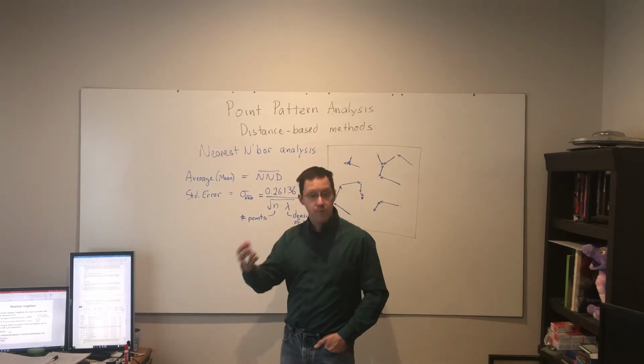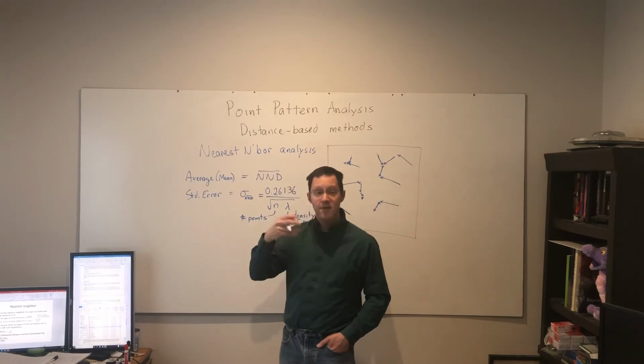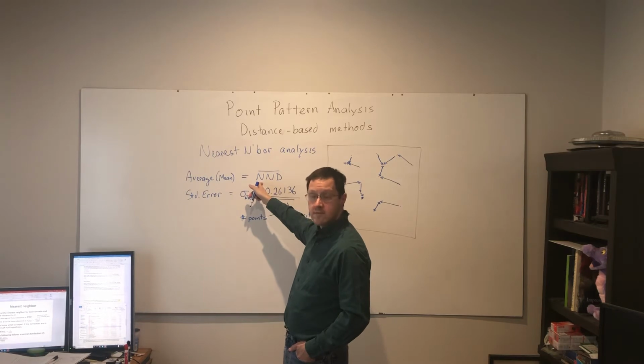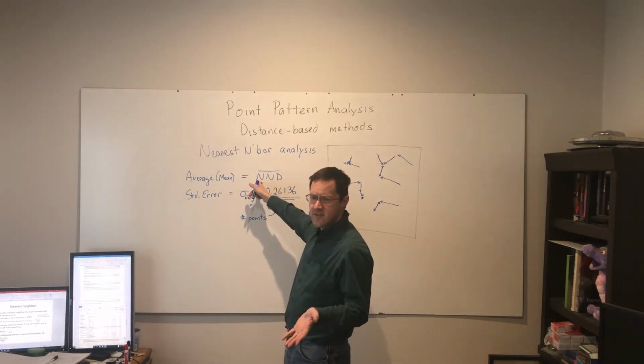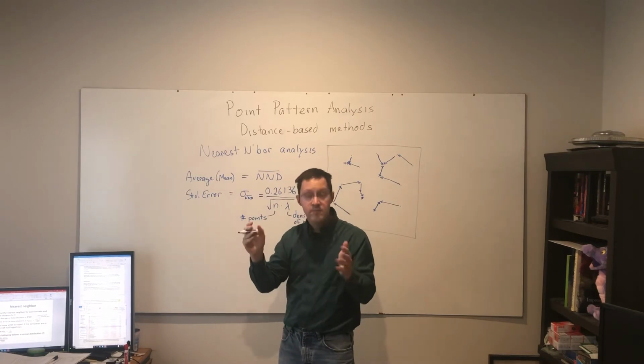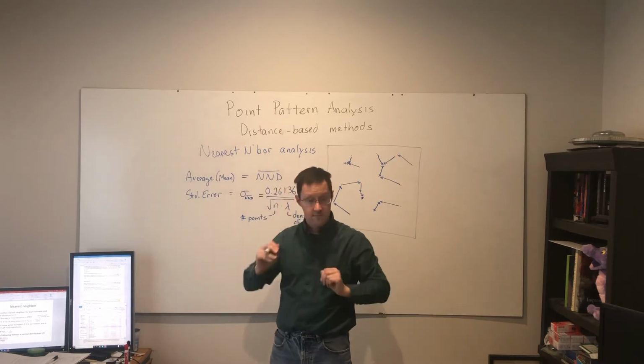So as you get more points, then basically we have a bit more confidence that our average distance to the nearest neighbor is close to this sample. In a sense, we can think of this as a sample and this being setting up the confidence interval. If I have more points, then my confidence interval gets closer.